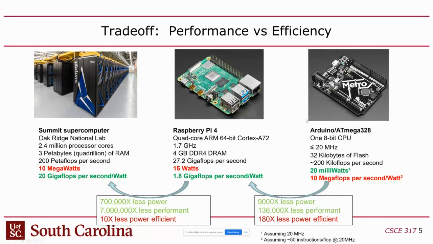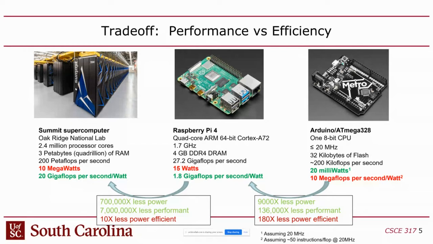Likewise, if you compare a Raspberry Pi to a supercomputer, the Summit supercomputer was the most powerful computer in the world until recently. It's over at Oak Ridge National Lab. It has 2.5 million processor cores, believe it or not.